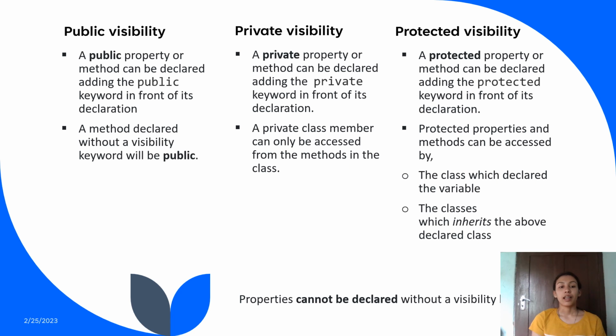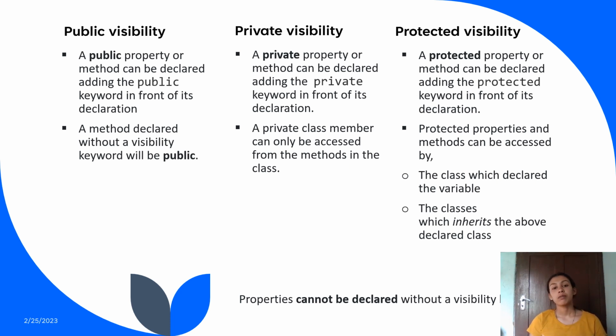If we declare a function or a method without any specified access modifier, it will be automatically public. But properties cannot be declared without a visibility. So we must always declare the properties with the access modifier.